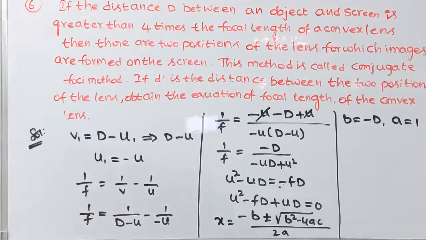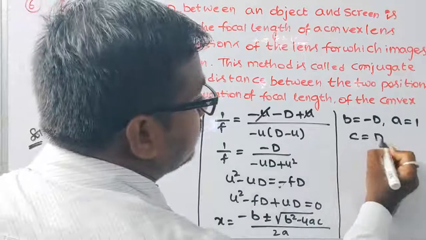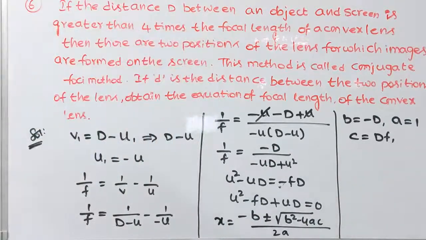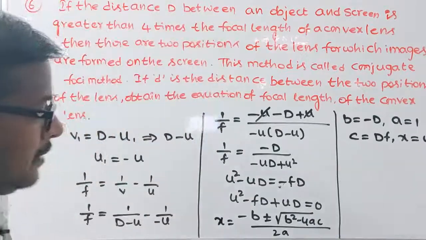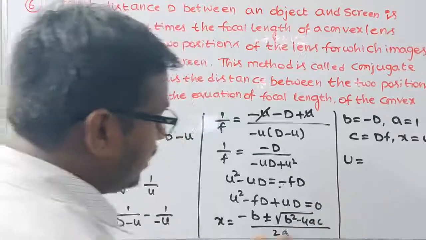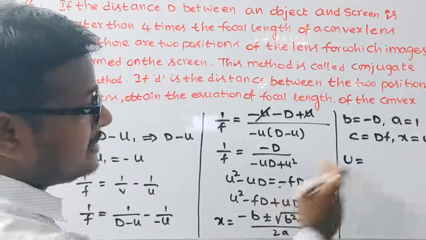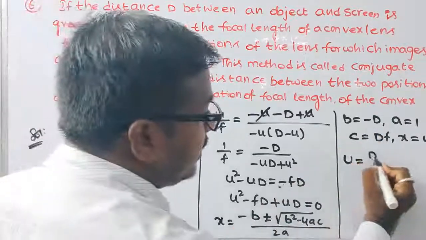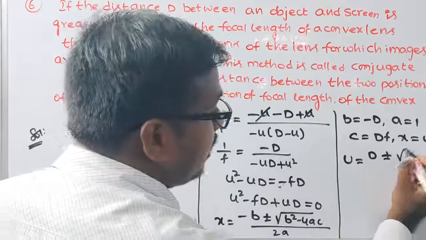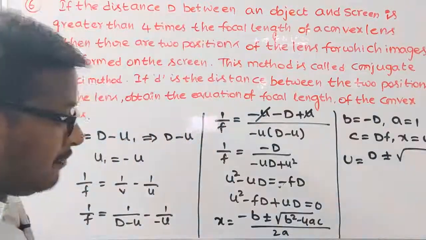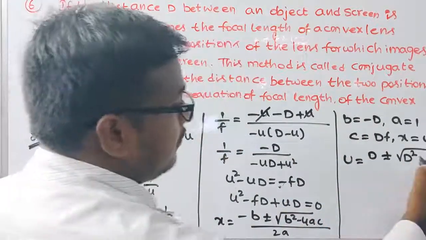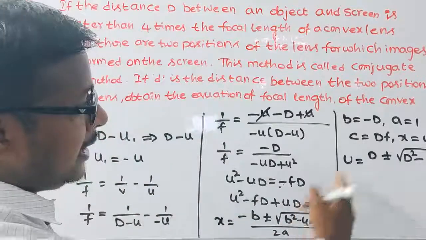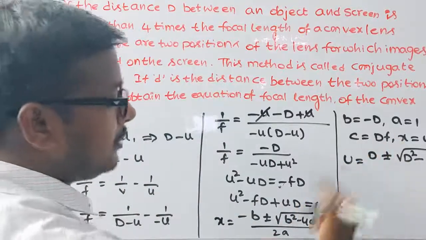Next, c is equal to df, and x is equal to u. x is equal to u is equal to minus b plus or minus the square root of b square minus 4ac by 2a. Here b is equal to minus d, a is equal to 1, and c is equal to df.